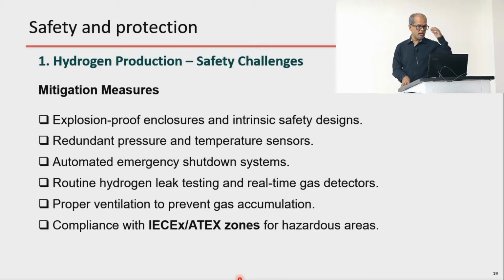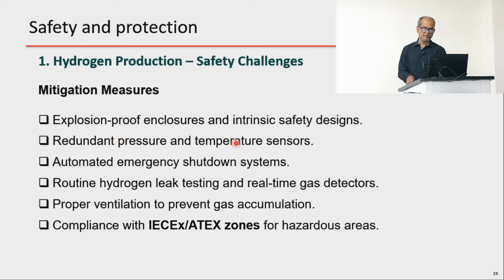What are the protections you can take to either minimize or completely remove the risks? You could have an explosion proof enclosure and intrinsically safe design, considering what sort of safety level you have. Based on that, there are safety designs as well.